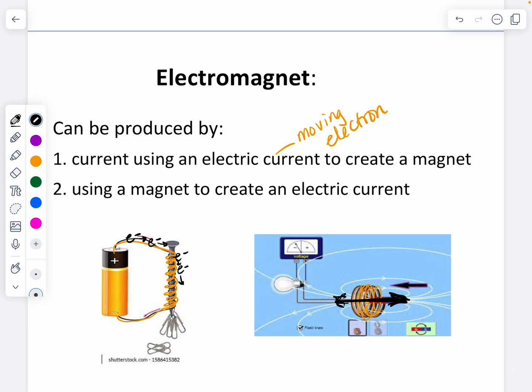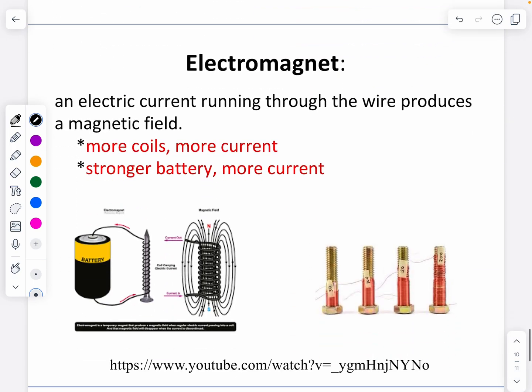So these are your two options. You will need to be familiar with the two ways that we can create an electromagnet. So let's just review them. One is to use an electric current in order to create a magnet. That is option one. What do we want to do in order to make my magnet stronger?